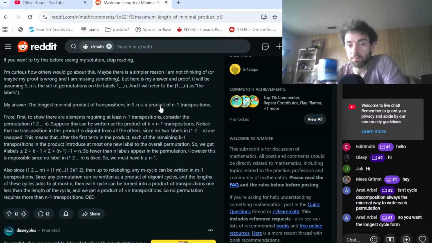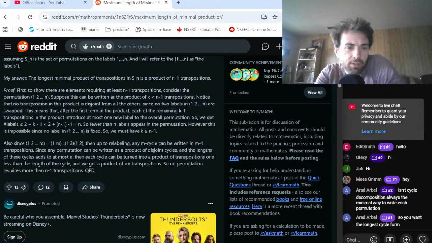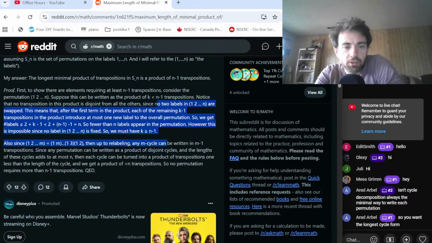I could believe it. How does their proof go? First show there are elements requiring at least n minus 1 transpositions. Right, and then show you can reduce anything bigger than that, I guess. They just have an argument about reducing bigger ones. Yeah, cool.